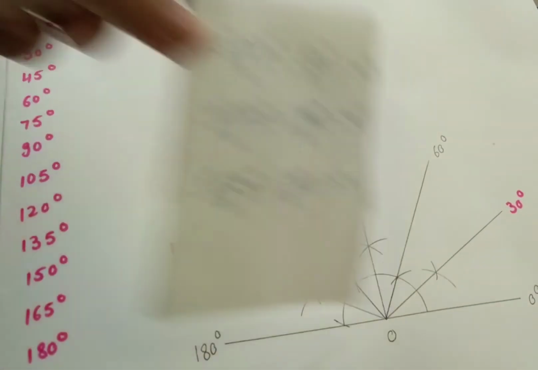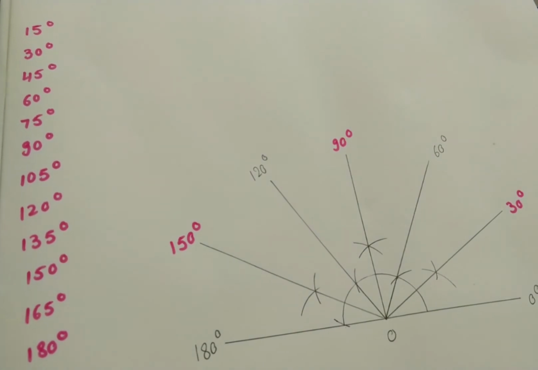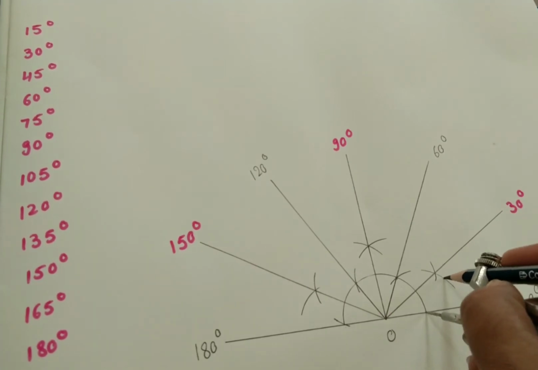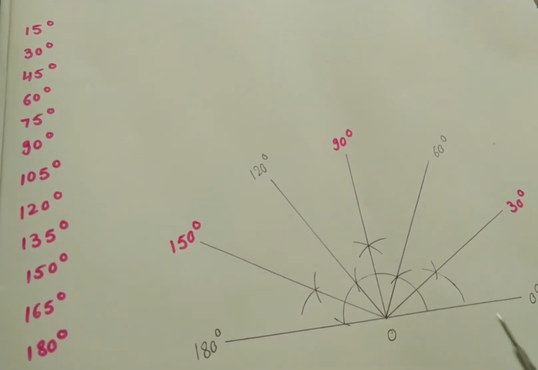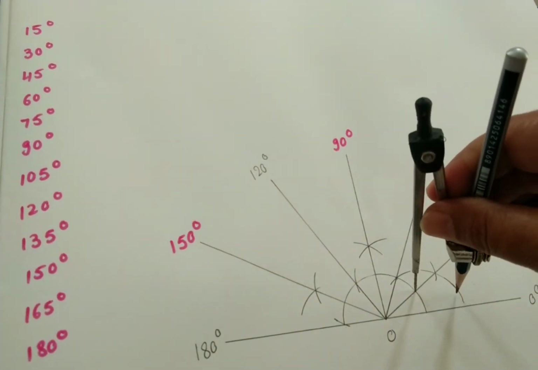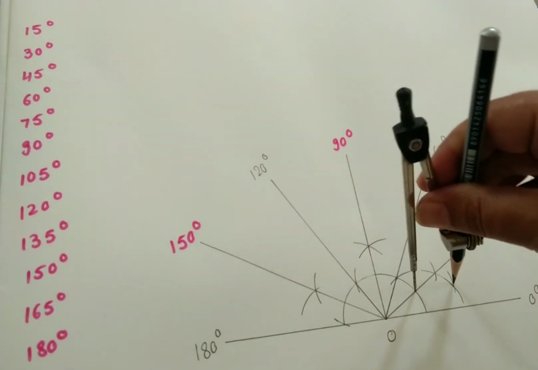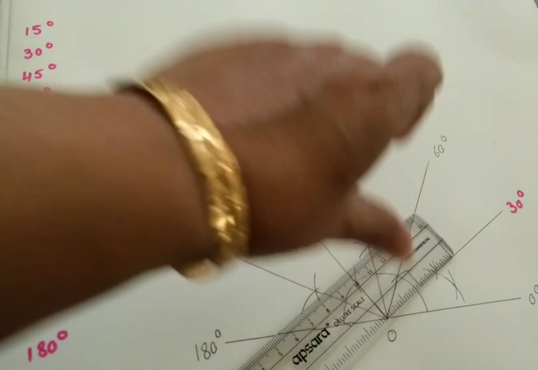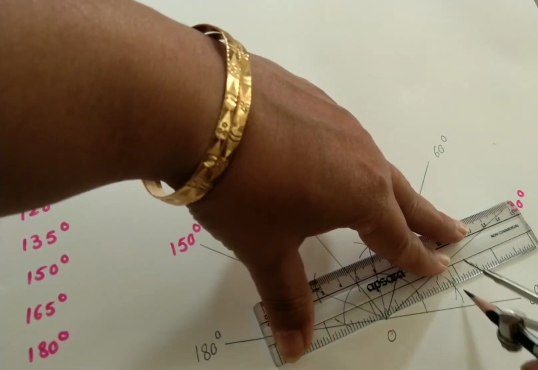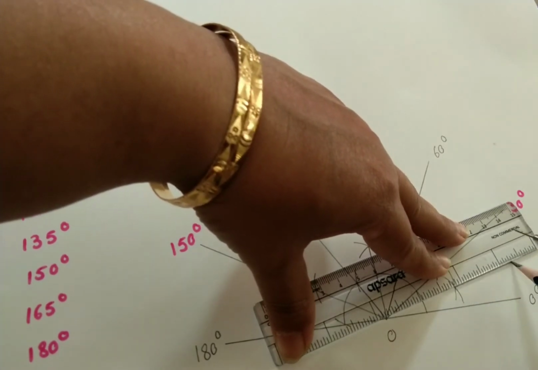Now here we will draw 15 degree angle. This is the 0 degree arc and this is 30 degree. So here we will get 15 degree angle.